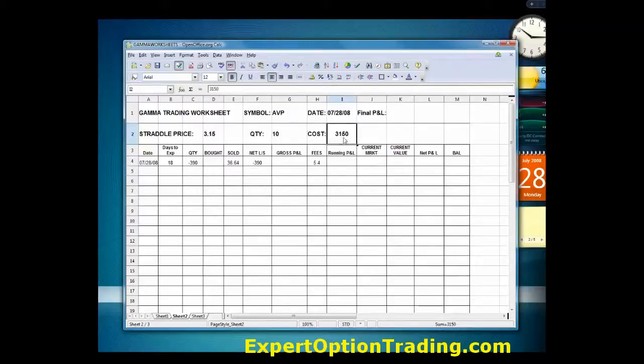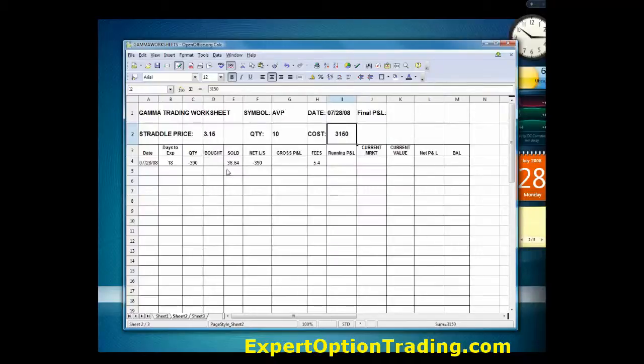Since that is our cost, the $31.50, as we make a profit on our gamma trading of the stock, we will enter our gross profit and loss into each one of these in our running P&L and subtract that from our cost of $31.50.